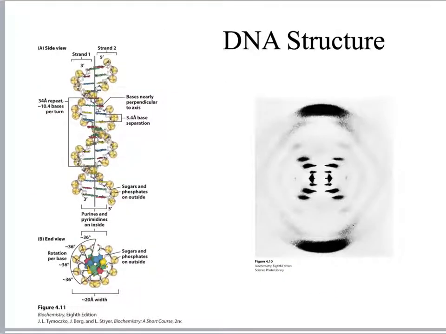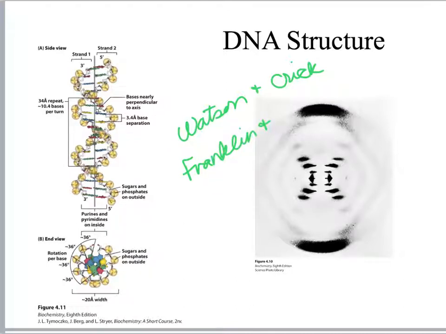So, looking deeper into the structure of DNA, hopefully at this point you've heard the story that the structure of DNA was discovered by Watson and Crick, who actually used X-ray crystallography data that was obtained by Rosalind Franklin, and her colleague Wilkins.